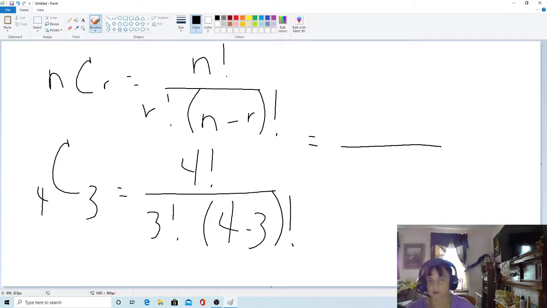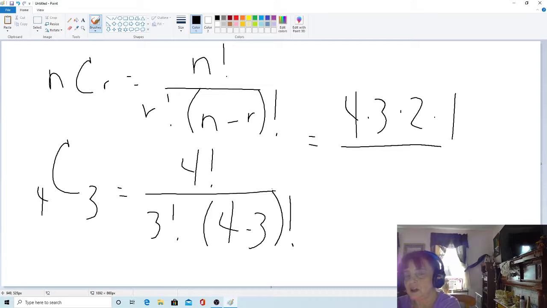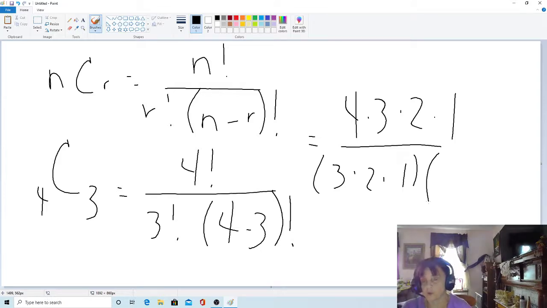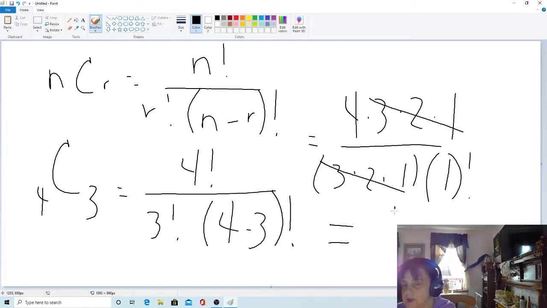And 4 factorial is 4 times 3 times 2 times 1 over 3 times 2 times 1. And then 4 minus 3 is 1, which is 1 factorial, and 1 factorial is 1. So the 3 times 2 times 1 cancels, and that leaves you with 4.